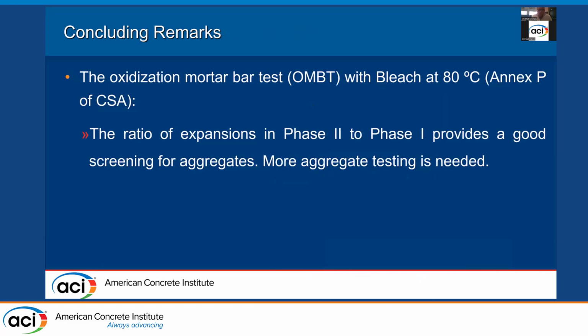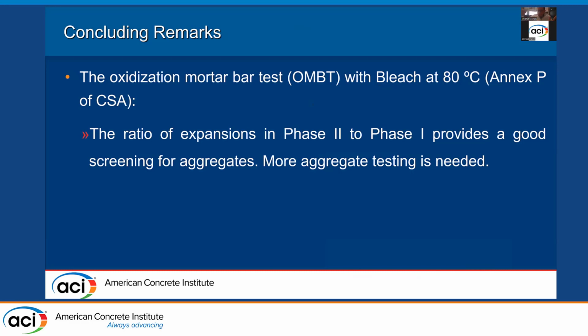With that, I hope I didn't take much time, but the conclusion is the current test, as stated in Annex B of CSA, does work. Perhaps with testing more aggregate, we might change, or there might be a need to change the expansion limit and use the ratio of phase 2 to phase 1. That conclusion is based on the suite of aggregate that I tested.